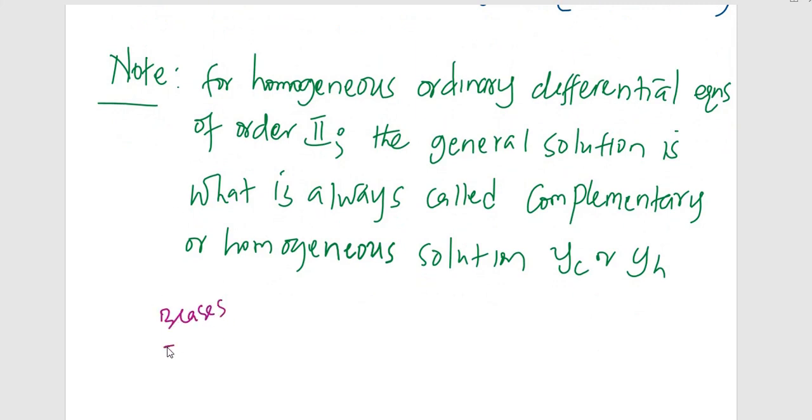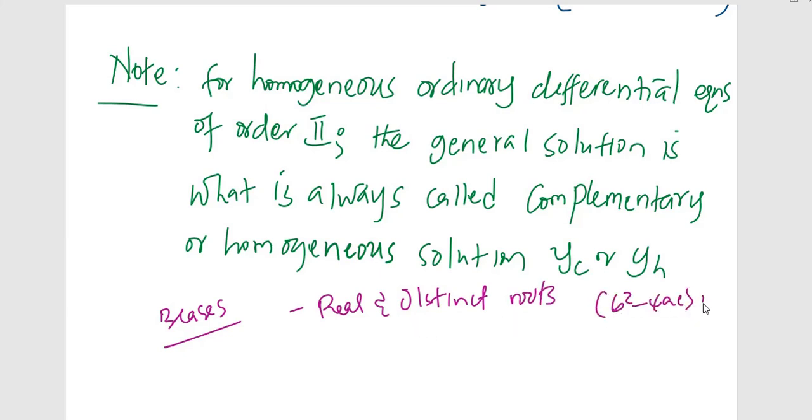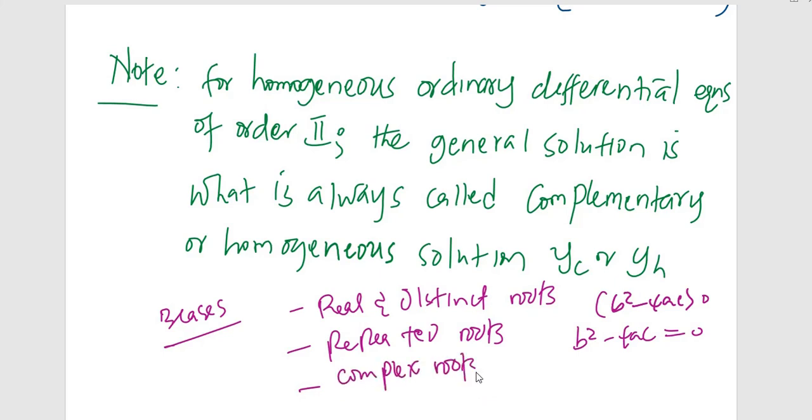You must master them. We are saying if we have real and distinct roots, that is b^2 minus 4ac greater than 0; then repeated roots, where b^2 minus 4ac is equal to 0; and complex roots, where b^2 minus 4ac is less than 0.